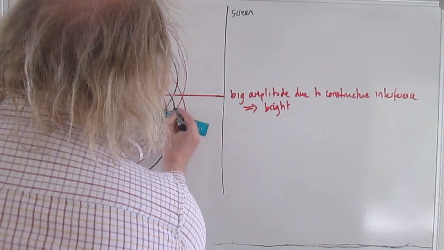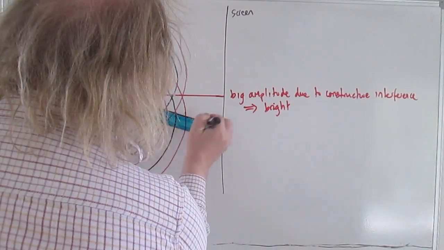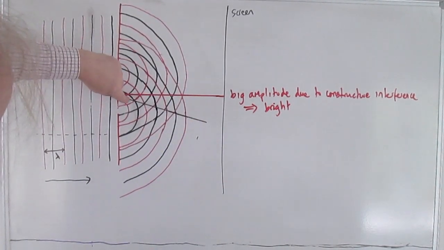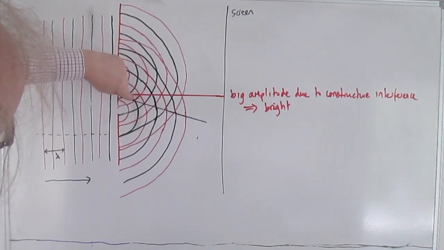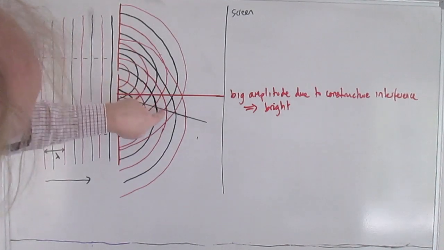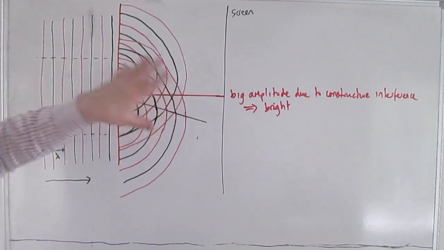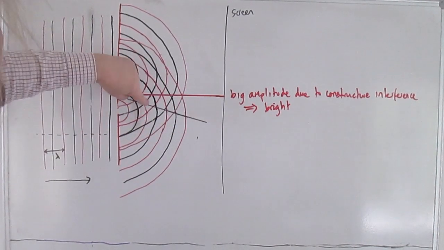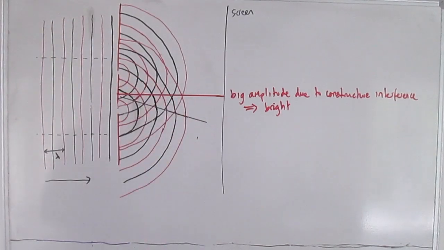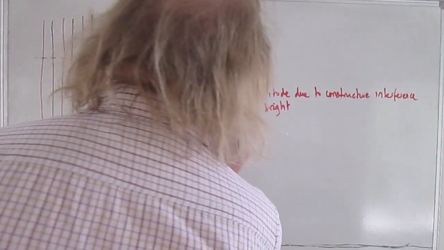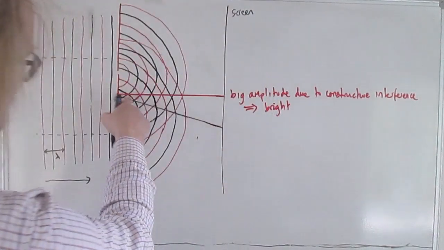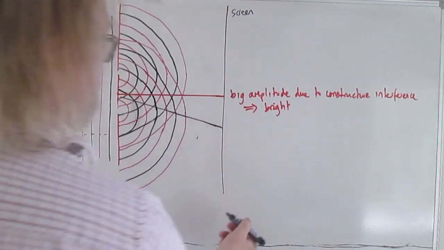Oops, messed that up a bit there, but you can see we've got crest overlapping trough, crest overlapping trough, crest overlapping trough, and they're slightly displaced, but that's just my drawing. You can see that these points of overlap lie roughly along that line there, and that means that if that line continues to the screen, we'll have had destructive interference all the way along there.